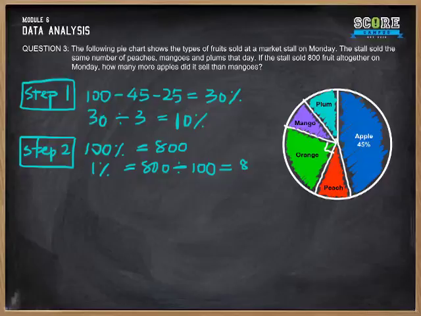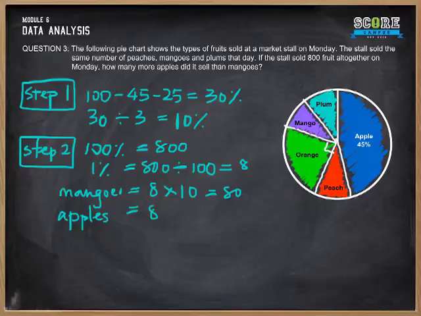Mangoes equals 10%. So what is 10%? You take 8, you multiply that by 10 and you get 80. For apples it is 45%. So you take 8, multiply it by 45 and you get what? 45 multiplied by 8 is 360.